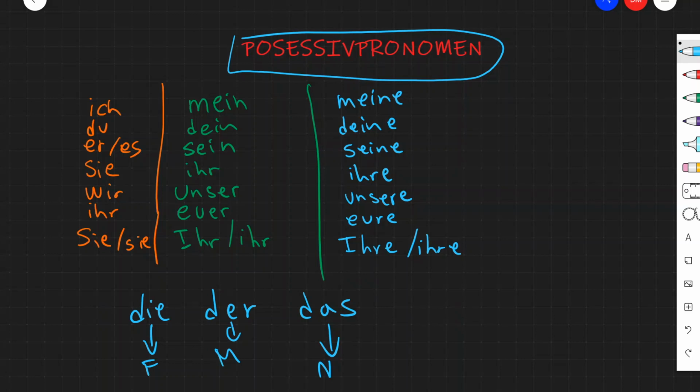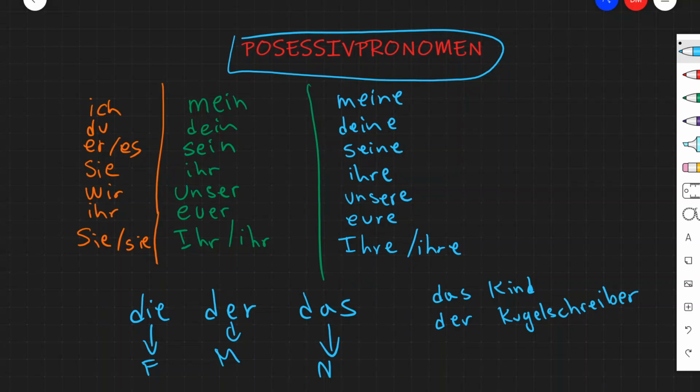The rule to remember is that when the noun has the article der or das and is in singular form, for example, das Kind or der Kugelschreiber, so the child and the pen.